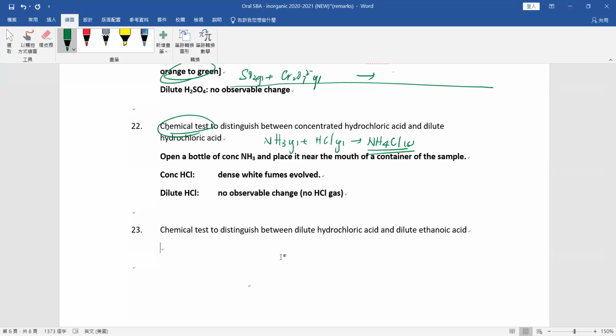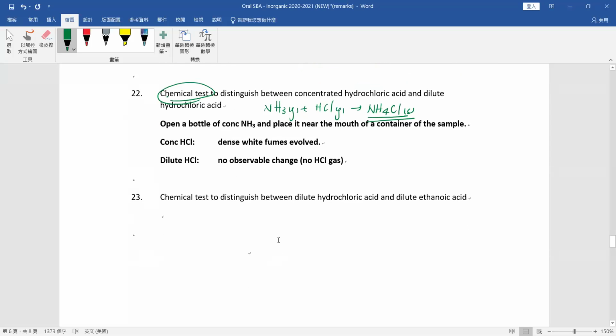Do we have it? Silver ethanoate. Is it soluble? Now, please double check if you can really say a silver nitrate test is possible.